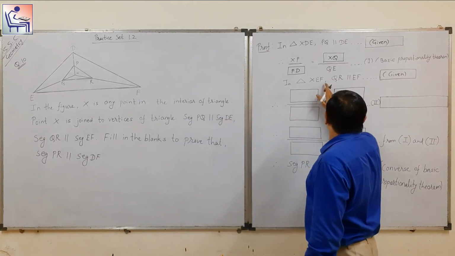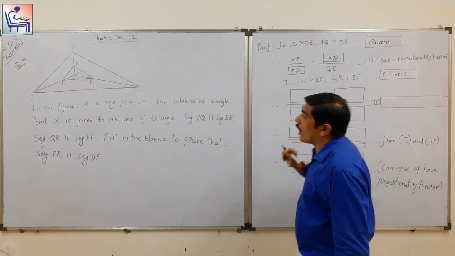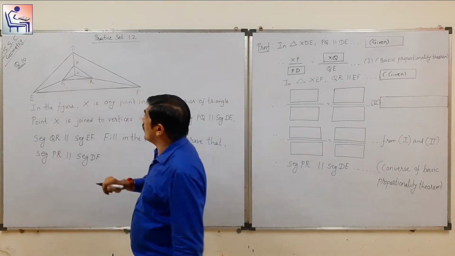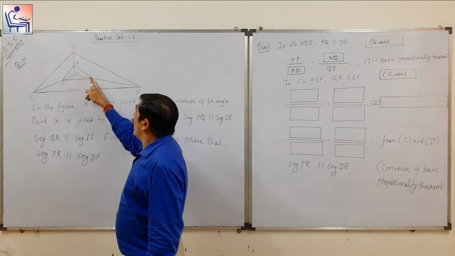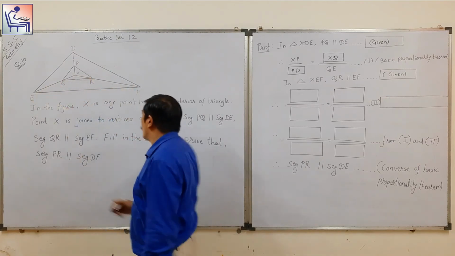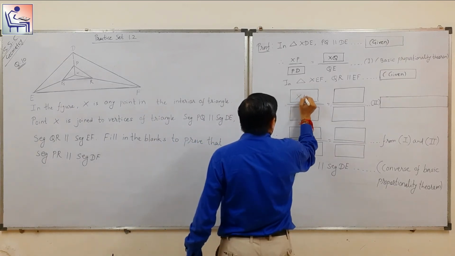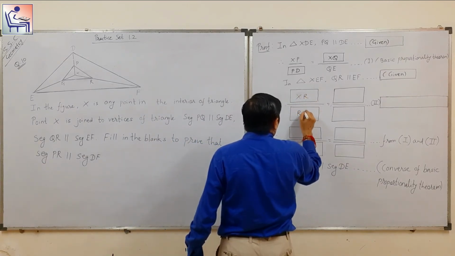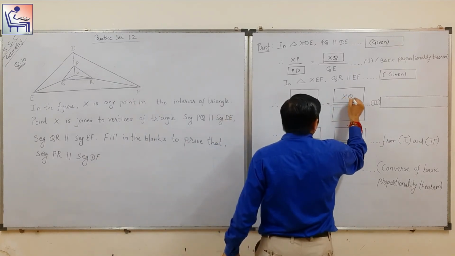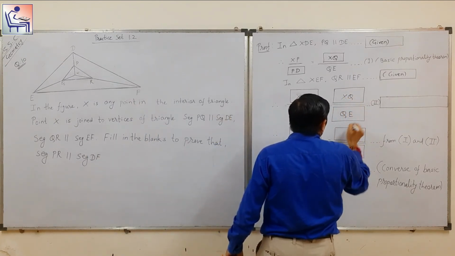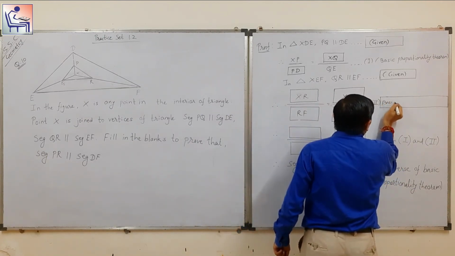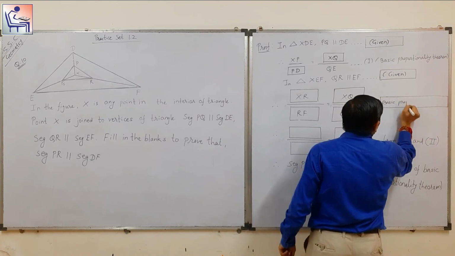Now, if these two segments are parallel, then we can say that XR upon RF is equal to XQ upon QE. The reason is the same, basic proportionality theorem.